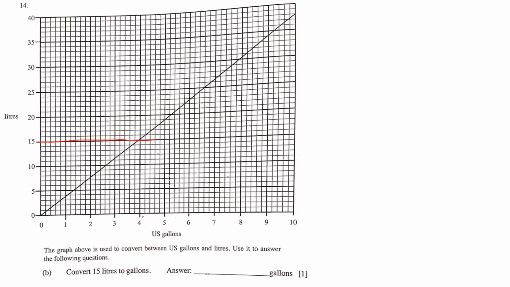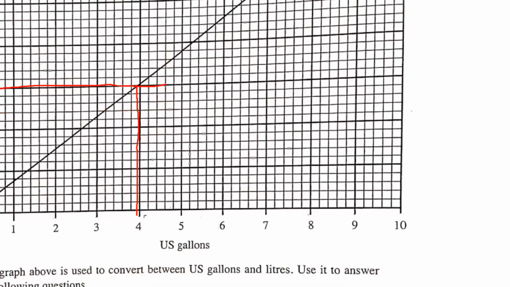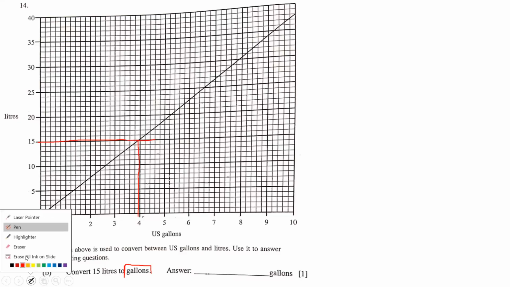And so we want to figure out how many gallons that is. So 15 liters is right there. If we go down, it's not exactly a straight line, but it's not exactly on 4. If you look at it carefully, let me move all the red so you can see it with just my highlighter.